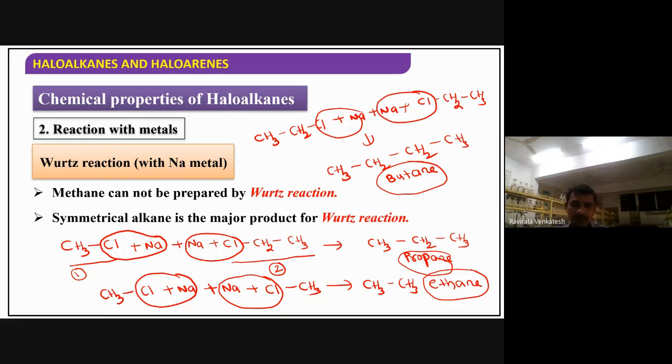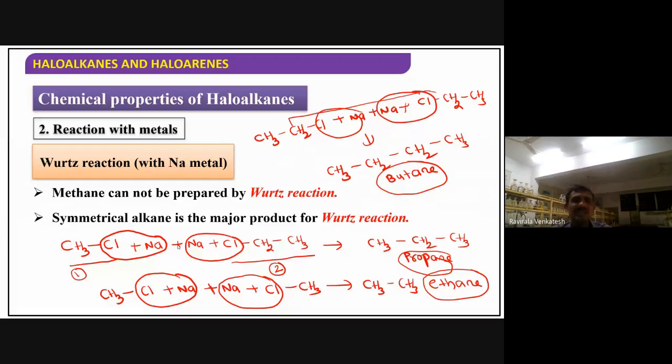This is the reason Wurtz reaction is not suitable for odd number of carbons. It is suitable for even number of carbons. When we get the same alkane, we will get the even number. So symmetrical alkane is the major product for Wurtz reaction.